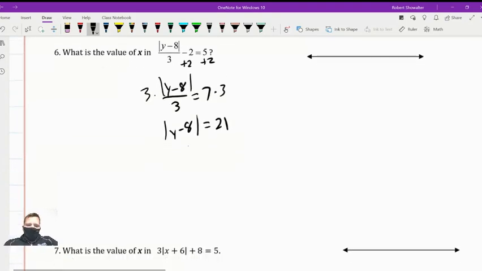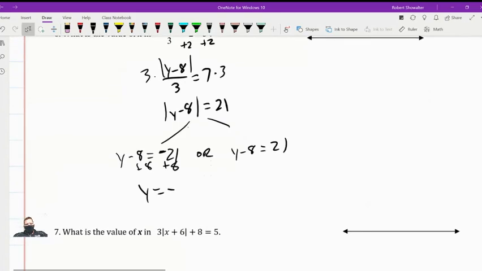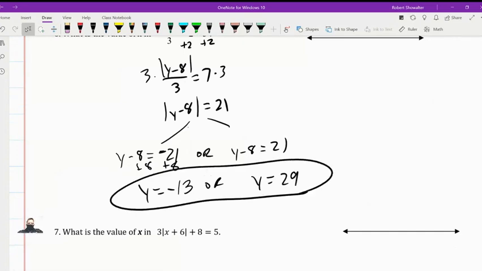Again, now that the absolute value is by itself, we split it, representing that the distance of the thing inside from 0 on the number line can go to the left or to the right. We keep solving. Y equals negative 13, or y equals 29. These are the 2 answers. All right, peace.